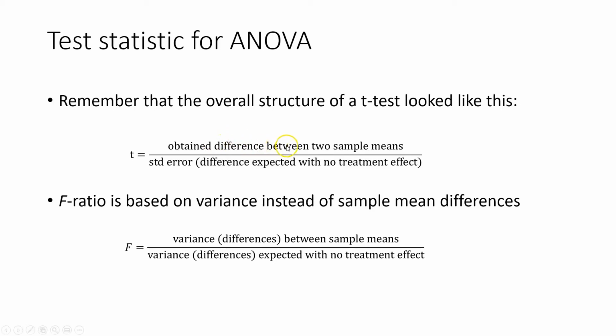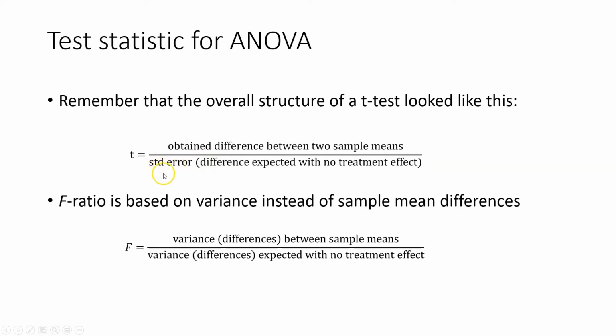That's the obtained difference. And we divided that by the standard error, which was defined as the difference that we would expect between any two sample means at random if there was no treatment effect, if the null hypothesis were true. And so we would take that difference we obtained, like let's say it was 5, and we would divide it by how big a difference we would expect there to be just by chance.